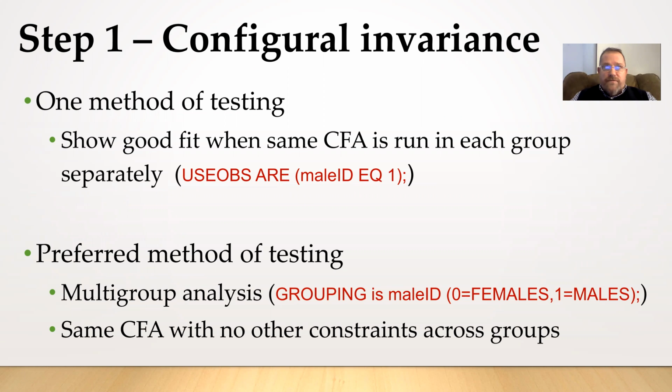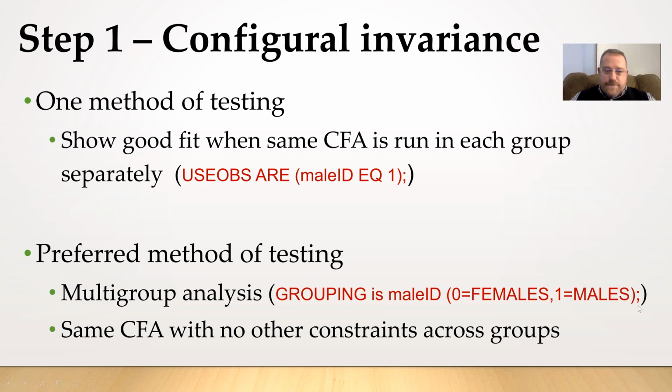Now, Vandenberg says, well, you could test the same CFA in each of your groups separately and show you get good fit, and that's perfectly acceptable. I actually would prefer, and Vandenberg recommends, just keeping it all multi-group, because this first step one multi-group analysis is going to be your core model.